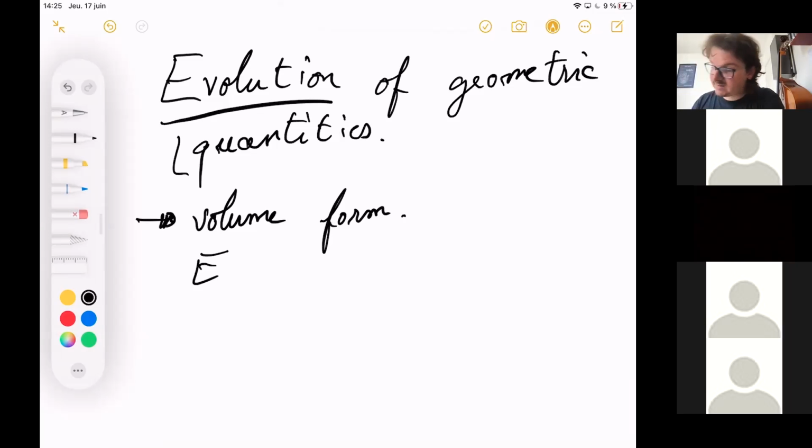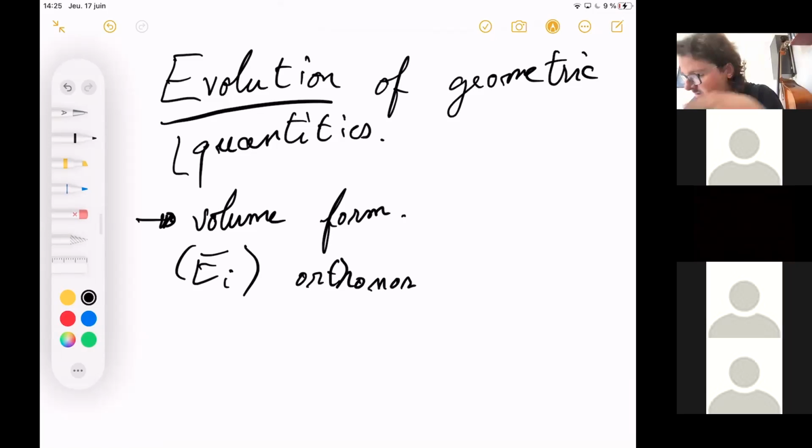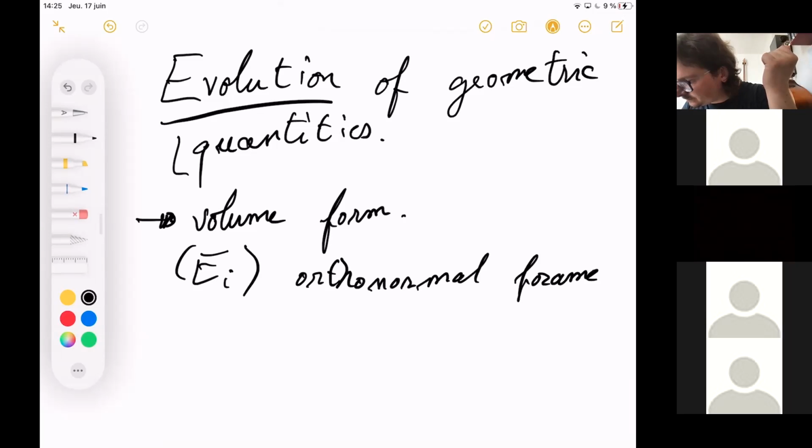And for this, we will consider e_i an orthonormal frame, a choice of orthonormal frame somewhere, at some point. And actually, we will prescribe the evolution of e_i in the following way, and you will see why we are doing that.